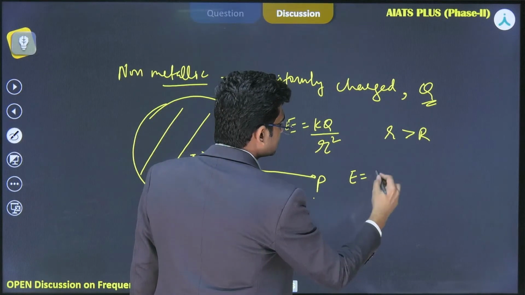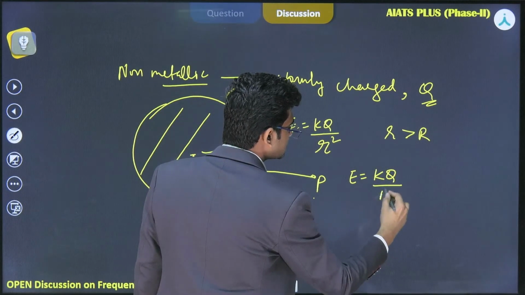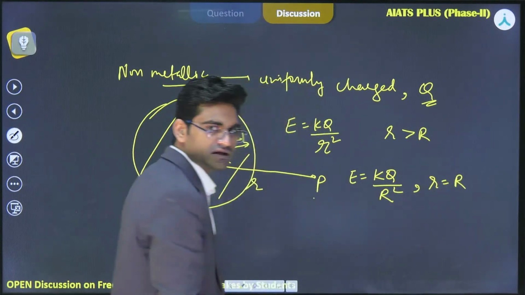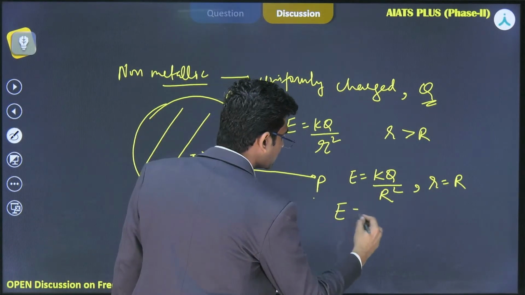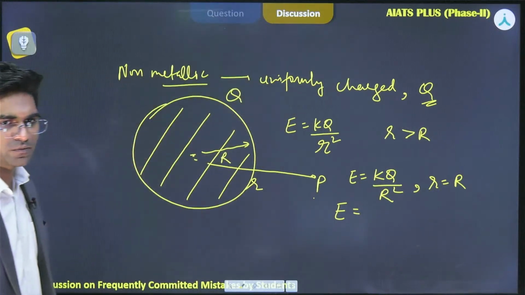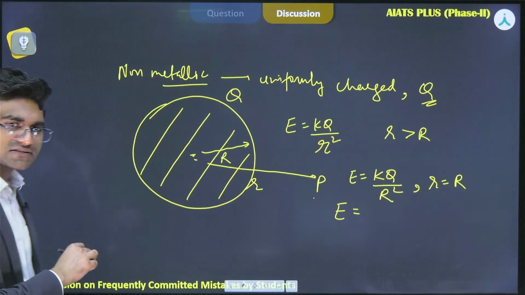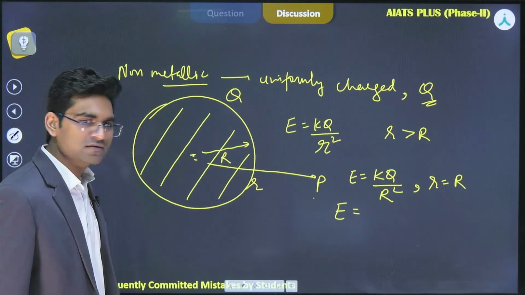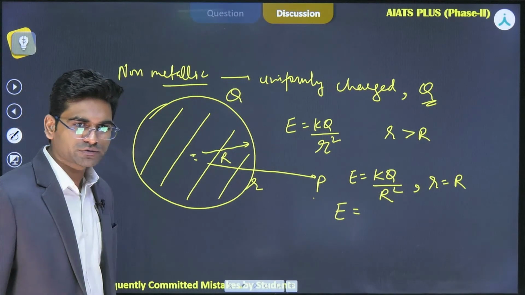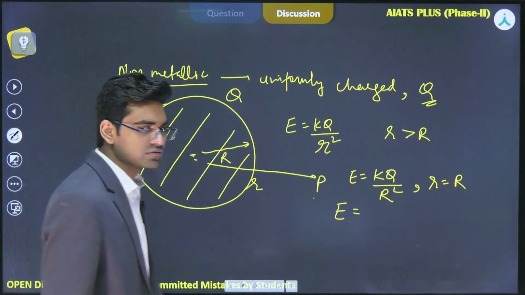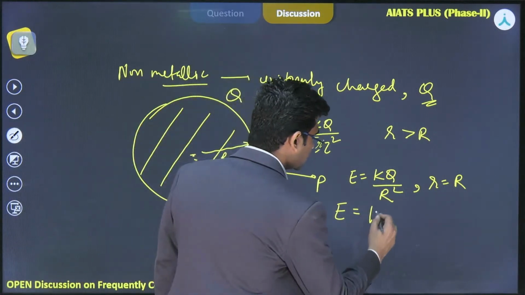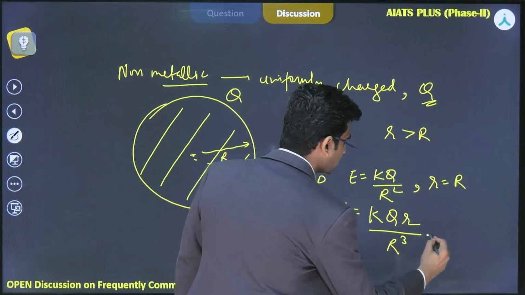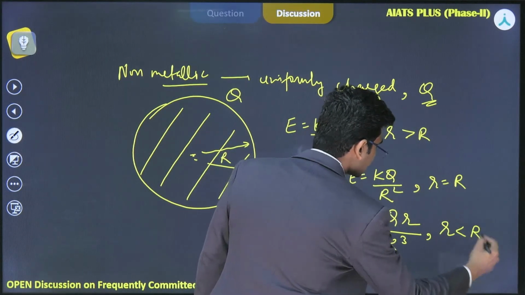The electric field at its surface will become kq by R square for r equal to capital R. Now what about the electric field inside it? Will it become 0 now? It was 0 for the metallic sphere, but will it be 0 inside this non-metallic sphere too? Anyone? No, it will not be 0. It will become kqr by R cube for r less than capital R.